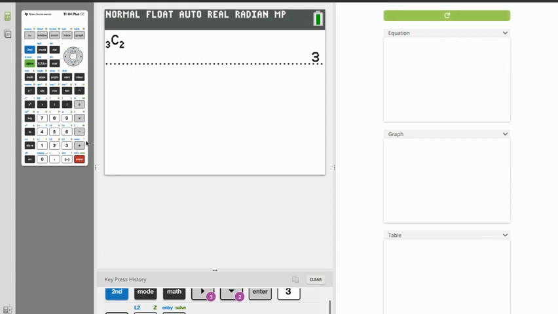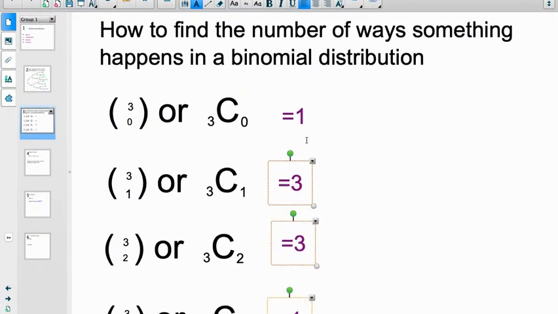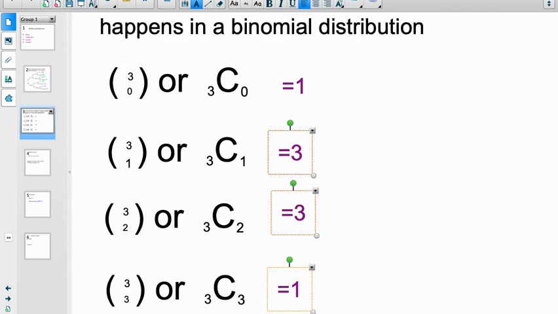So math, over to probability, and then nCr. If you do remember, this is also a row on Pascal's triangle. So if you remember Pascal's triangle, you can just write these down, but if you don't, use your calculator to find these.